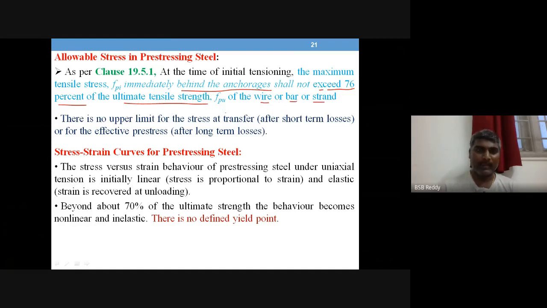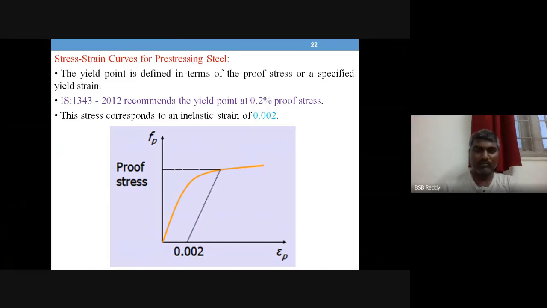That is the limitation on initial pre-stress, whereas there is no upper limit for the stress at transfer.